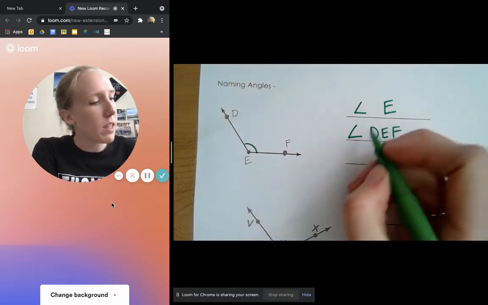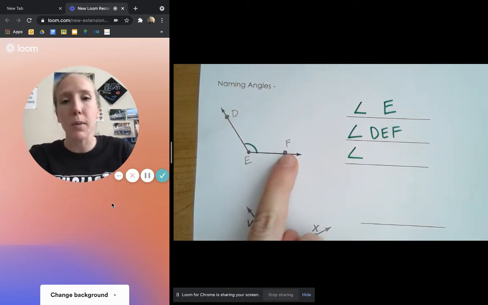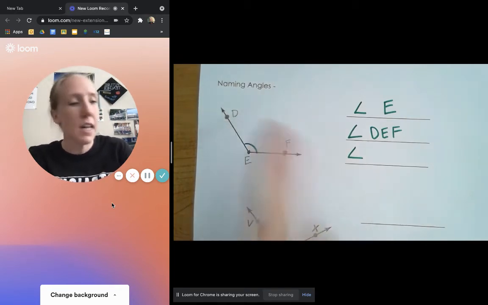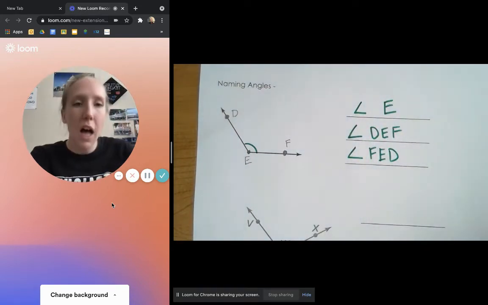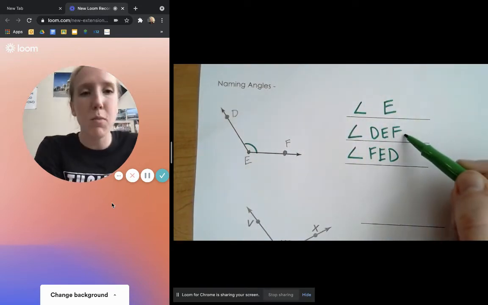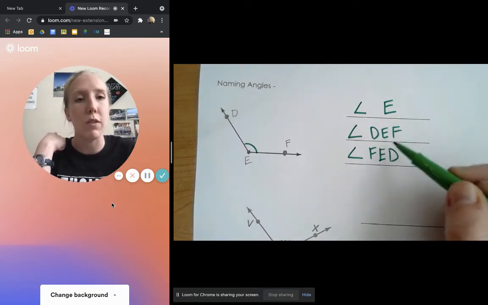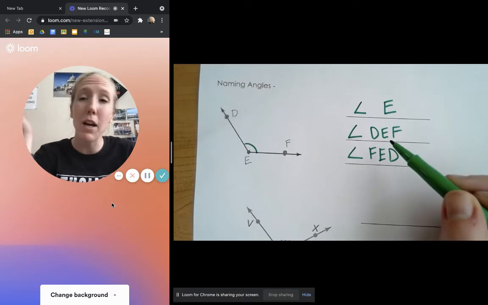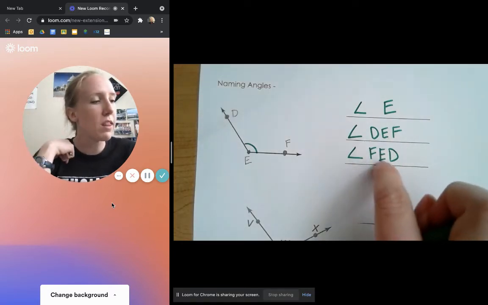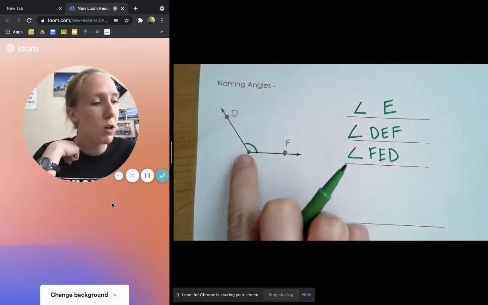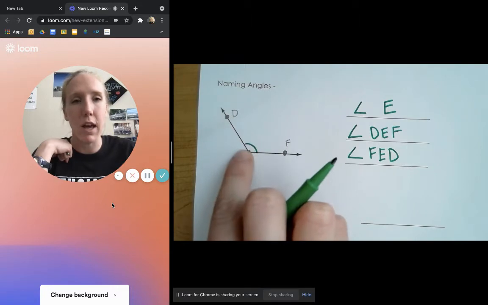But the other way to write this would be angle, if you drove the other way, F, E, D. A lot of times the first one is the more correct one because D comes before F, so you would start with that. It doesn't super matter, but it's what you'll see most often. Either way, the vertex E has to be in the middle because it tells you that you go there second, and it's the middle part of the angle.